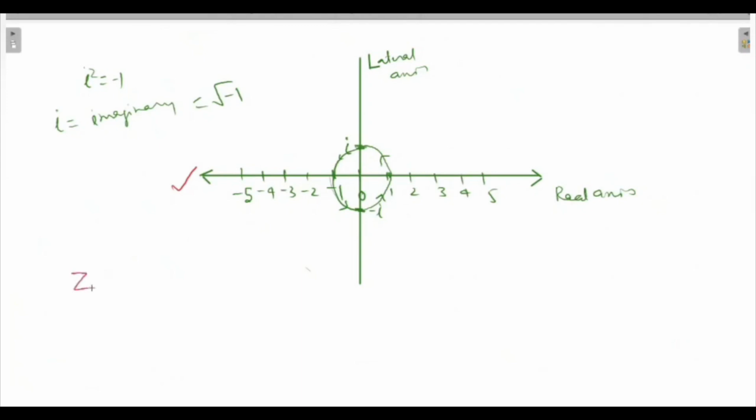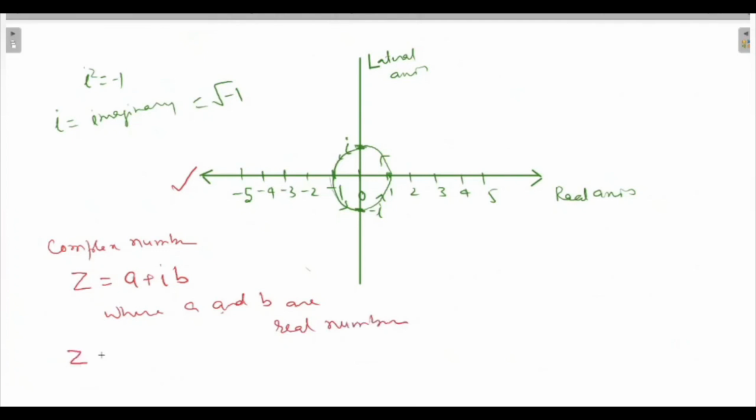So any number which is represented in the form a plus ib is called a complex number, where a and b are real numbers. So any number like 2 plus 3i would be a complex number, or minus root 2, plus or minus root 3i also will be a complex number.